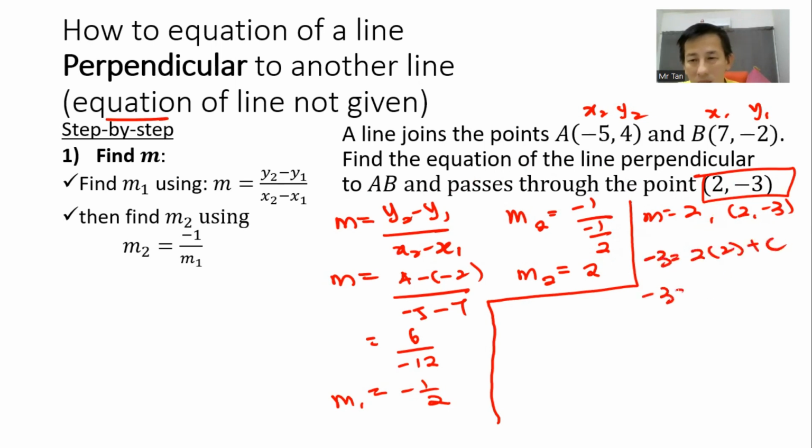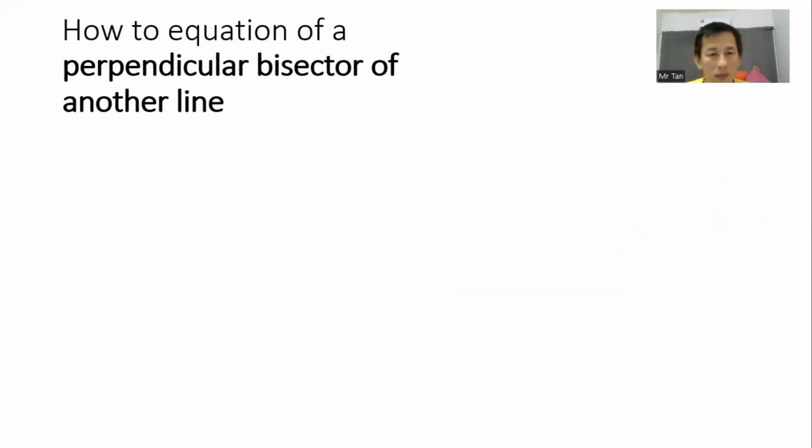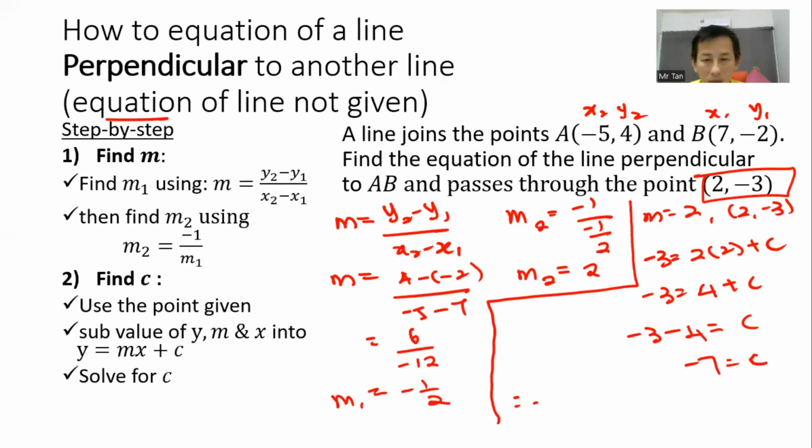So negative 3 equal to 4 plus c. So your c should equal negative 3 minus 4, which equals negative 7. Therefore, your equation will be y equal to 2x minus 7.